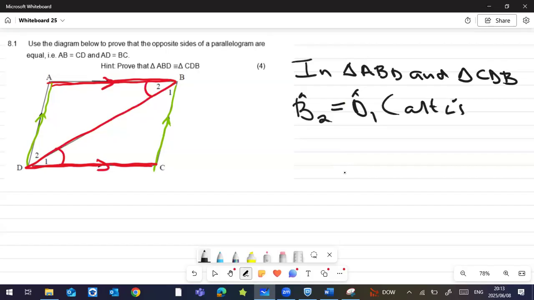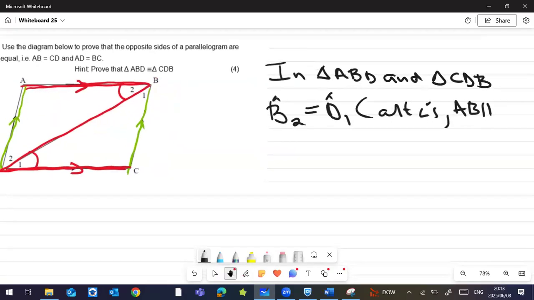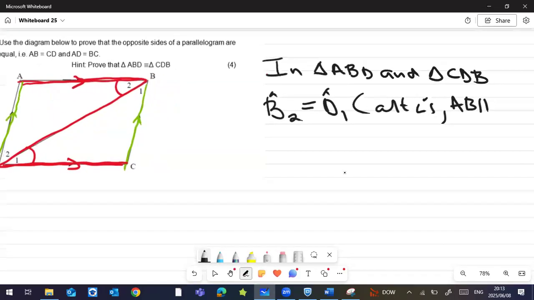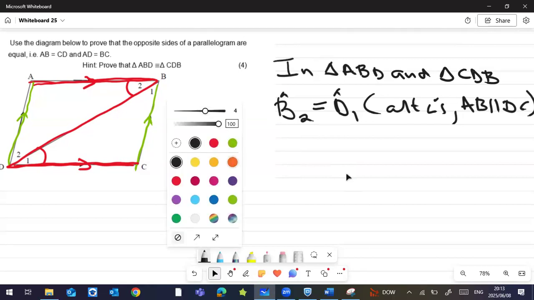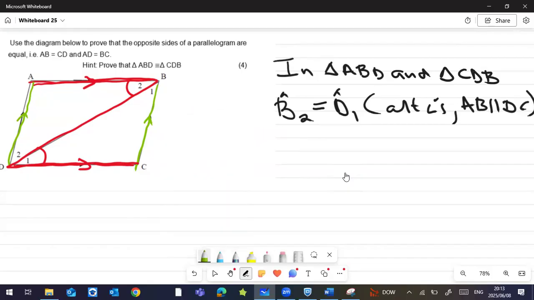And I must indicate from that Z shape which lines are parallel. AB is parallel to DC. Not only that, what else do I see there? I'm also given that there is another Z shape. I can clearly see that this Z shape here means D2 and B1 should also be equal.